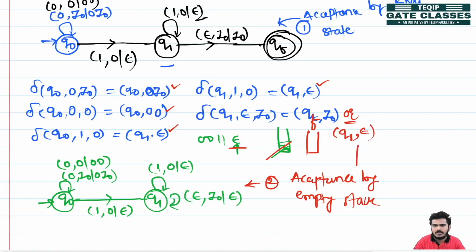So this is nothing but acceptance by empty stack and this is nothing but acceptance by final state. Okay, so from now onwards we will solve all the remaining examples by acceptance by final state, and you can easily design the acceptance by empty stack.